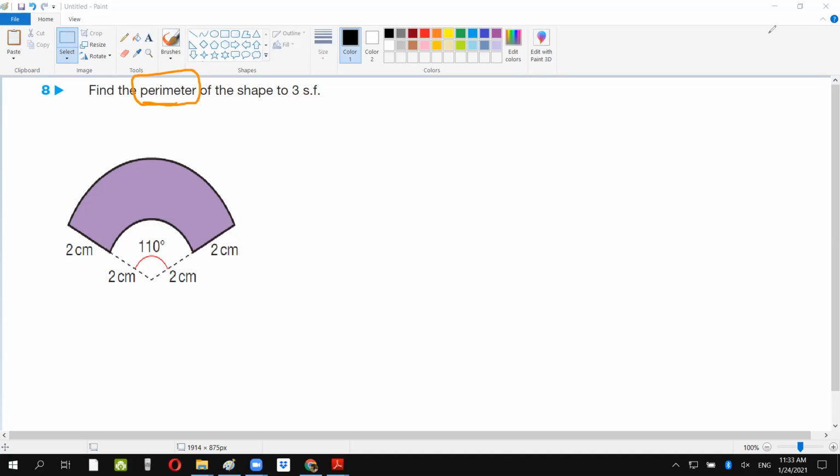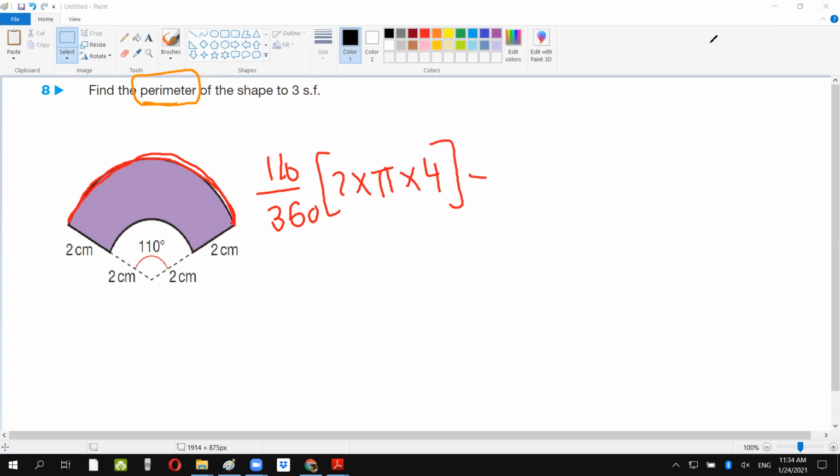Look at the borders. I have a big line, the red line here. I want to write the rule to find the curve for the red line: 110 out of 360, the angle of it, times 2 times pi times r, where r of the big one is 4. Clear?